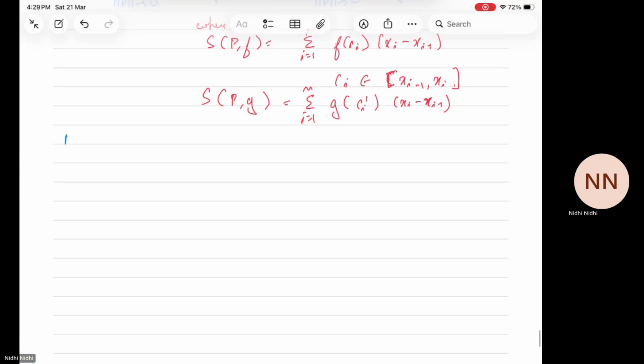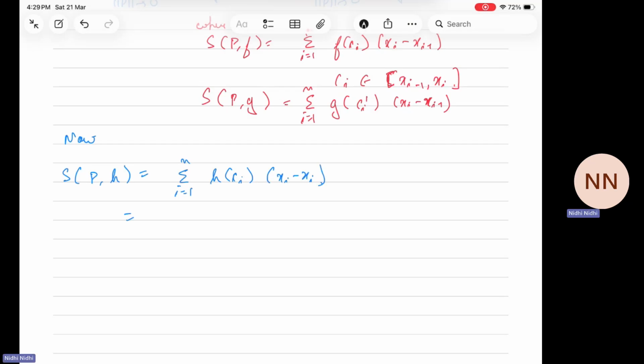Okay. Now, this S_P(h) is equal to the summation over i from 1 to n of h(c_i) times delta x_i, where c_i is arbitrarily chosen between x_i and x_{i-1}.